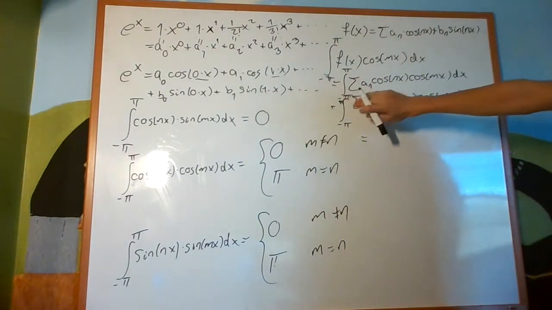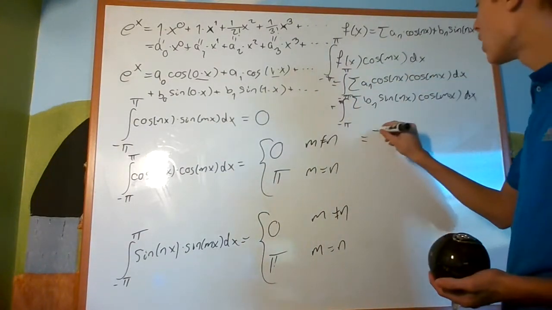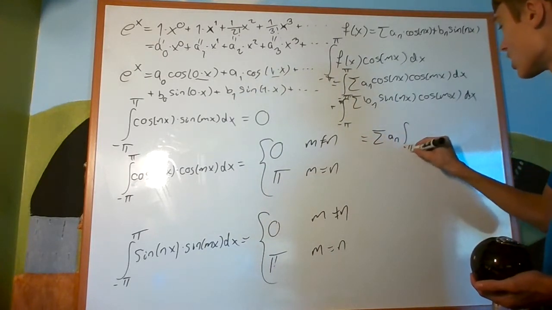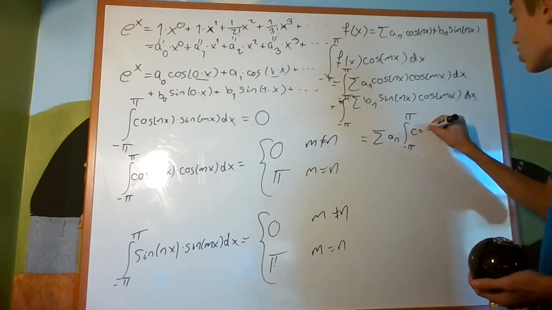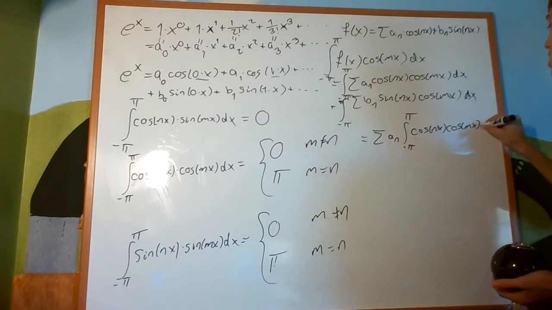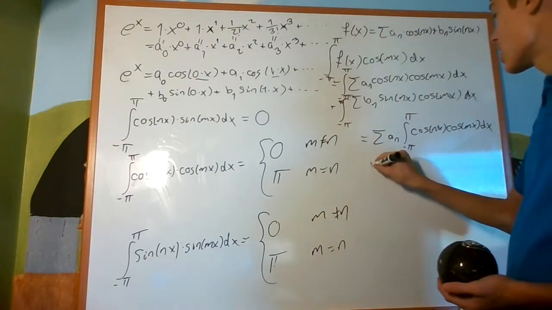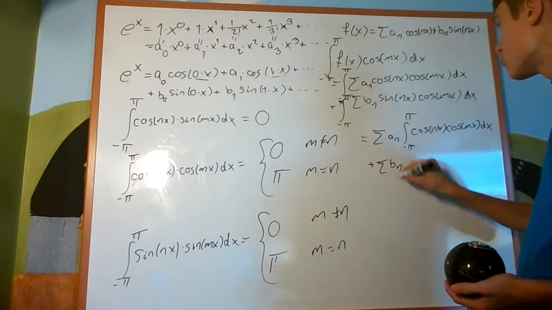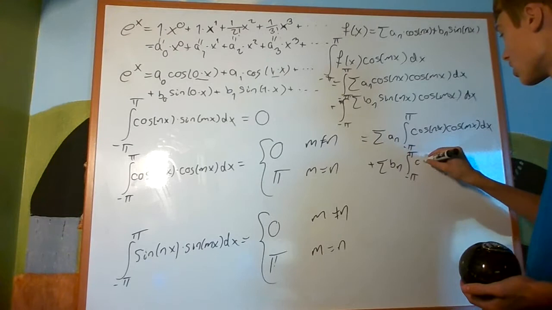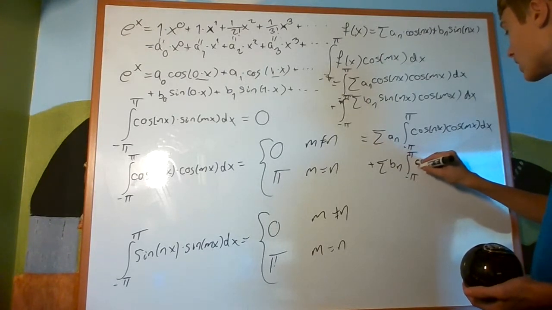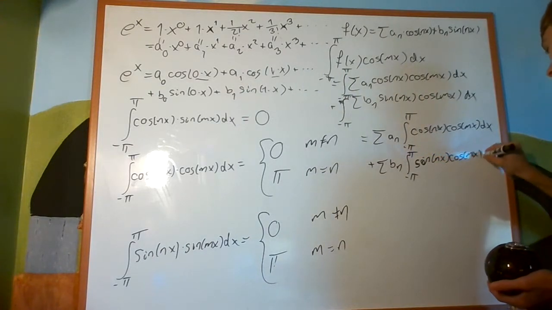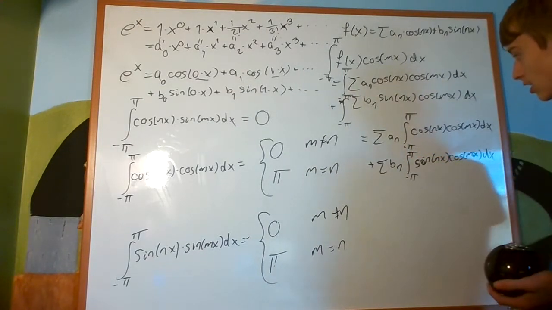I'm going to move those integrals inside of the sum, so I get the sum of an integral from negative pi until pi of cosine nx cosine mx dx, plus the sum of bn integral from negative pi until pi of sine nx cosine mx dx.